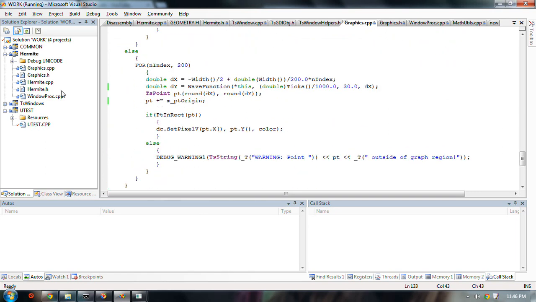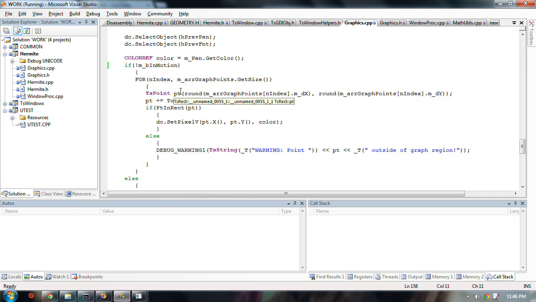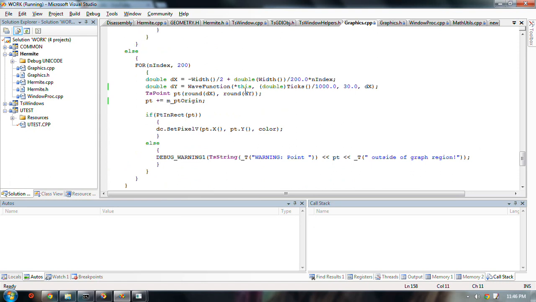If I press the letter G, this flag will change and my tick count will reset. And every once in a while, I will be asked to redraw myself, and I'll pass into the wave function the amount of elapsed time and some constant, which happens to be velocity, and my current position x for each point along the graph.